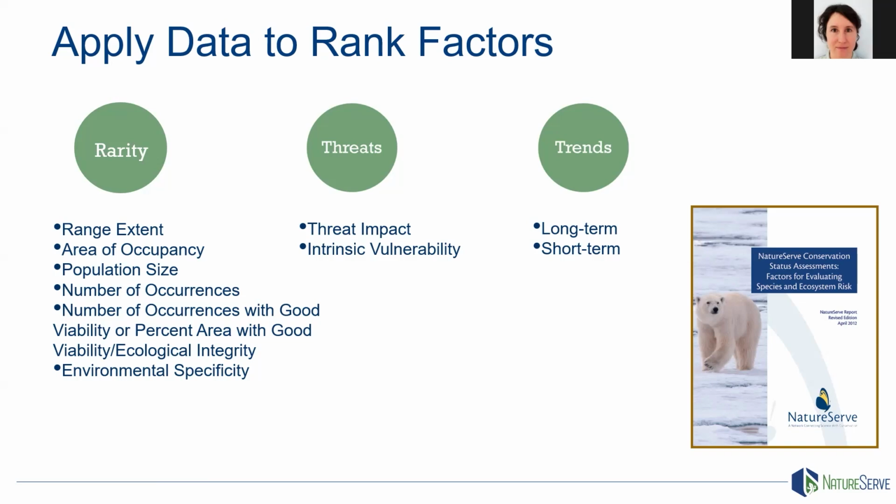However, there are 2 exceptions for intrinsic vulnerability and environmental specificity, where related factors under the same threat group are scored in their place. If they happen to be left unscored or scored as unknown, then these alternative factors are considered in the overall rank.